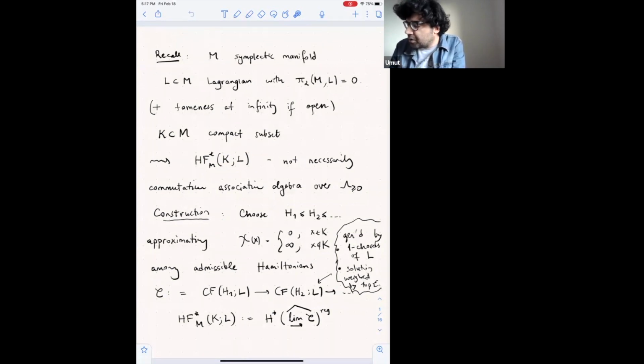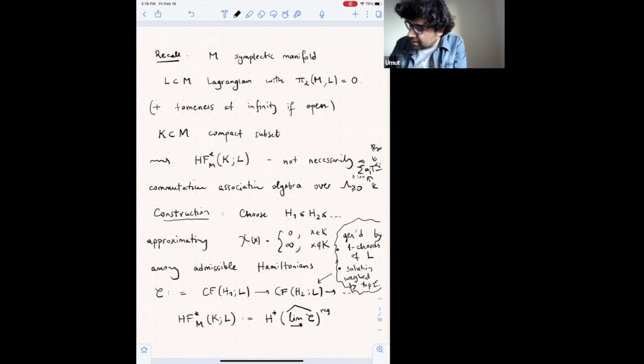It's an associative algebra over the Novikov ring. The Novikov ring is formal power series in a formal variable T, where these alpha_i's are non-negative real numbers, and these a_i's belong to some commutative ring K. And the exponents should go to infinity as i goes to infinity. Probably everyone's familiar with this.